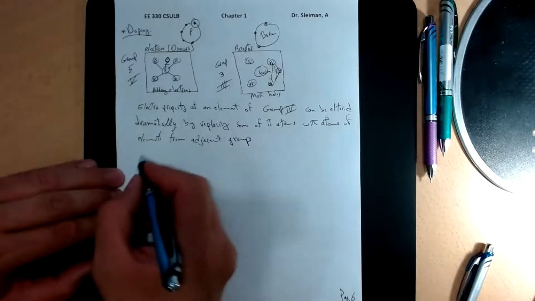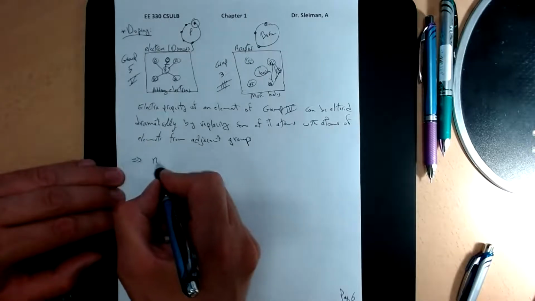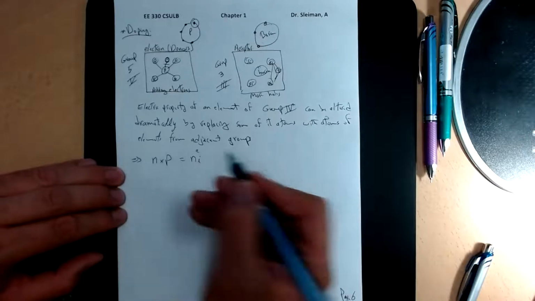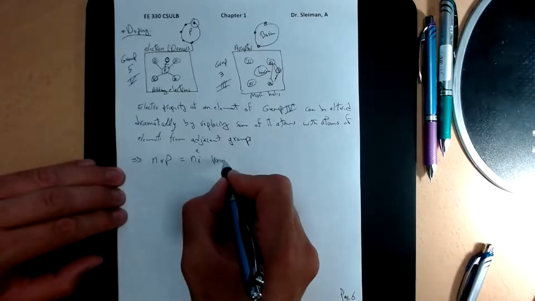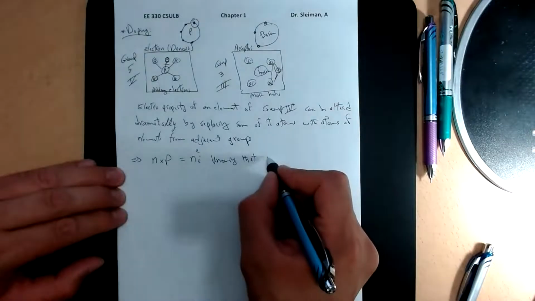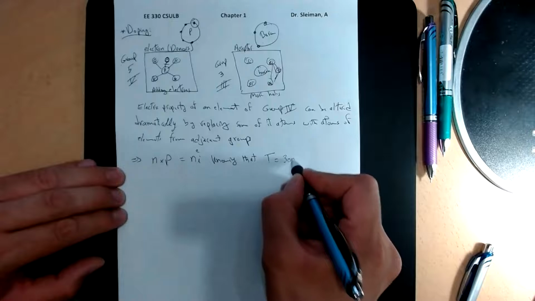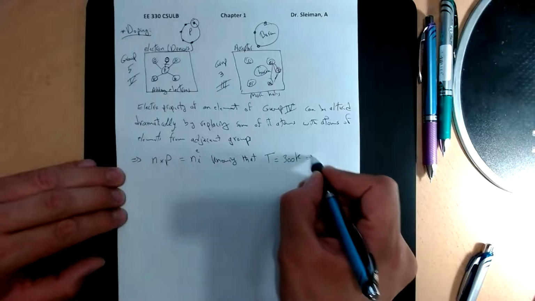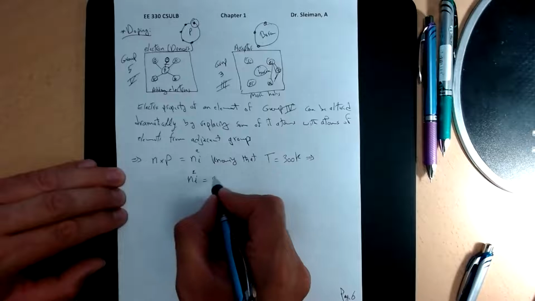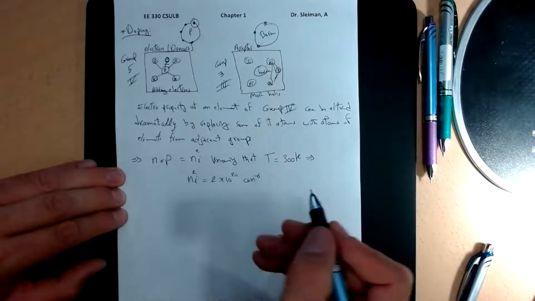So in this case, the number of electrons times the number of holes is equal to ni squared, knowing that at room temperature, the temperature is 300 degrees Kelvin, so most likely ni squared is equal to 2 times 10 to the power 20 cm to the negative 6.